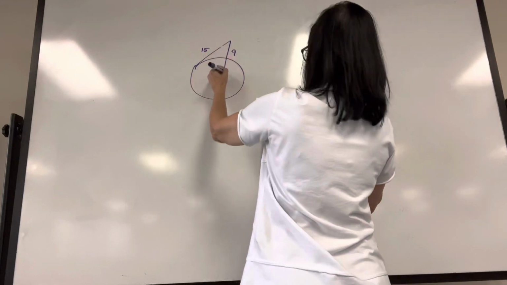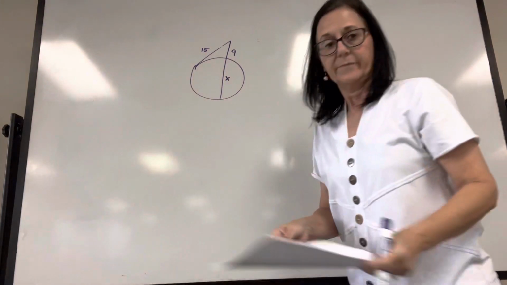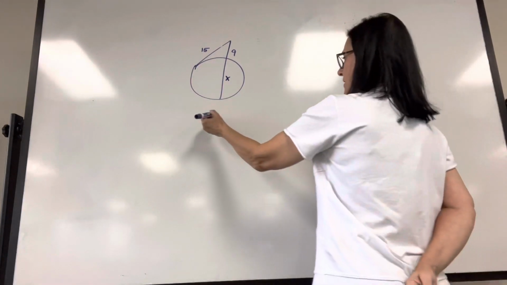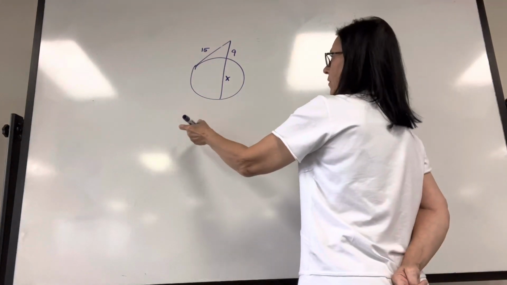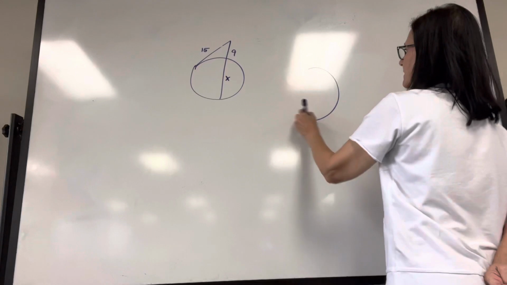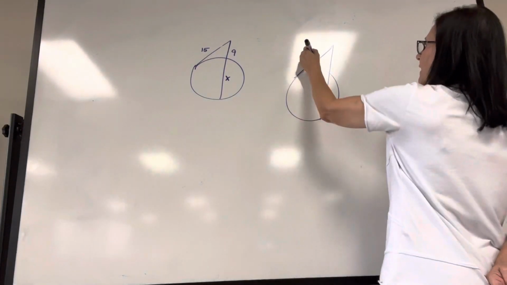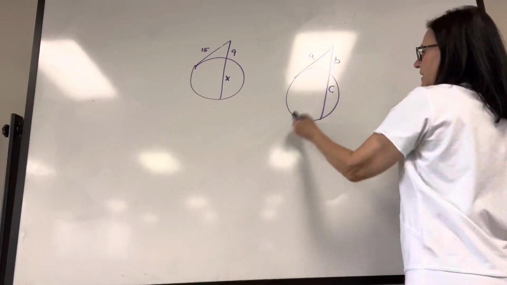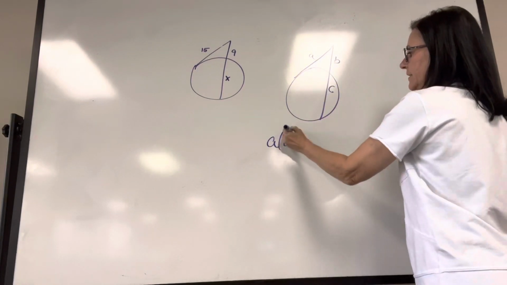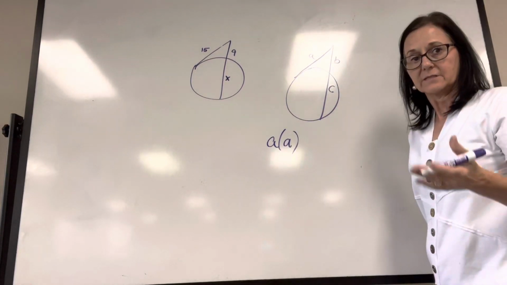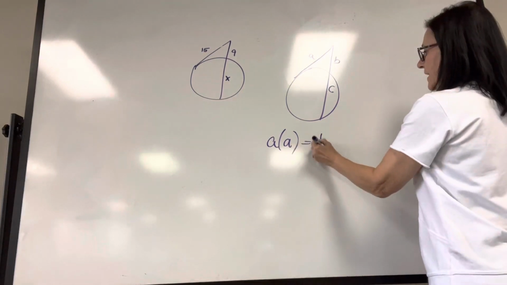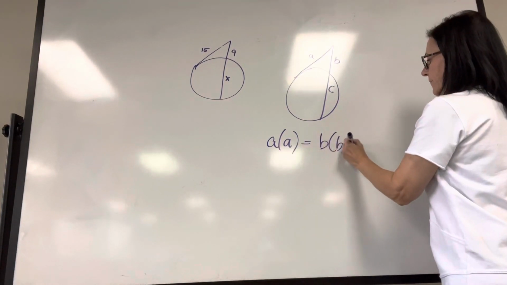This length is 9. This length is X. It's the same rule as before. I'm going to go ahead and do the A's and the B's. So if we have A, B, C, it's the outside times the length of the whole equals the outside times the length of the whole.